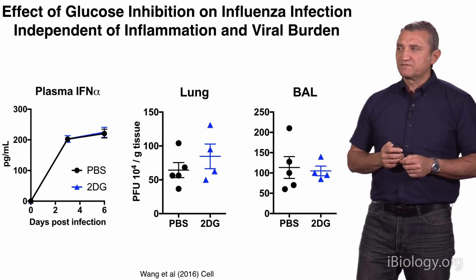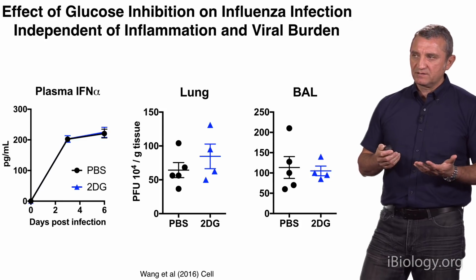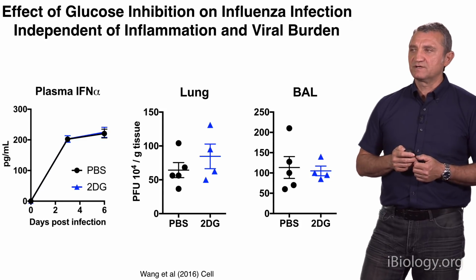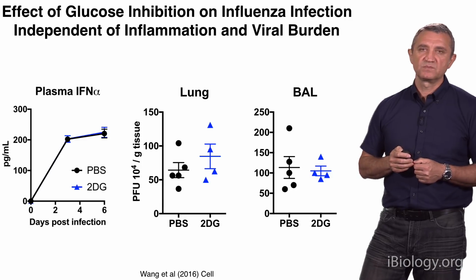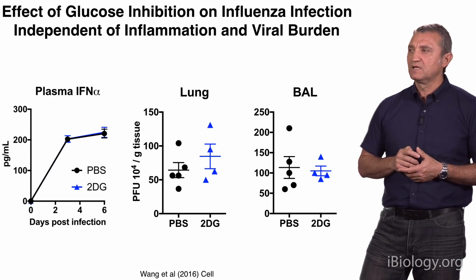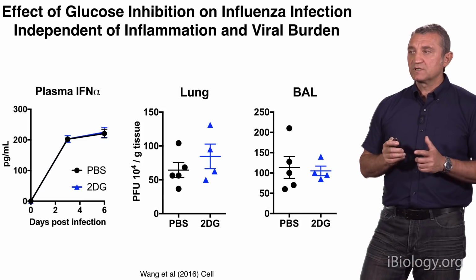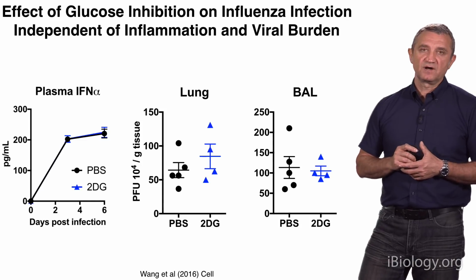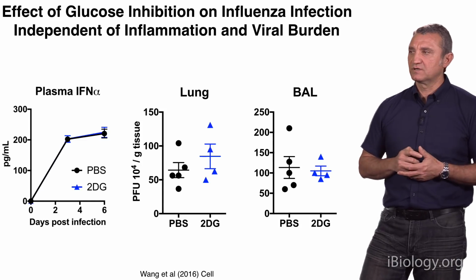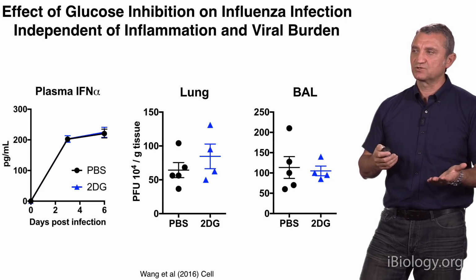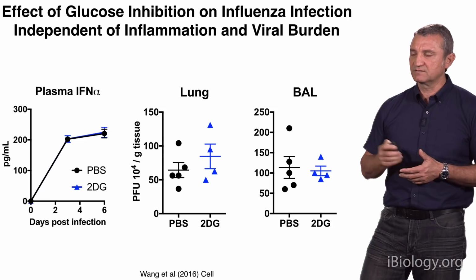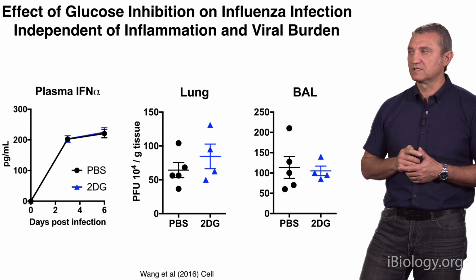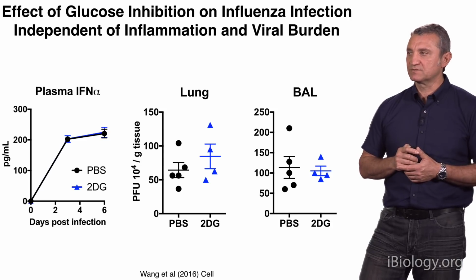And also there was no difference in the magnitude of the inflammatory response, as shown on the left side by measuring interferon alpha in the plasma. And interestingly and importantly, there's no difference also in viral burden. If we measure the amount of virus during infection, it's similar between control and 2DG treated mice. And again, 2DG treated mice are the ones that succumb 100% to this infection.